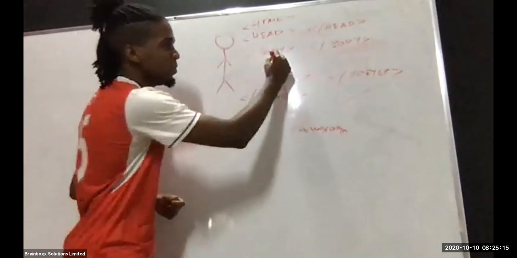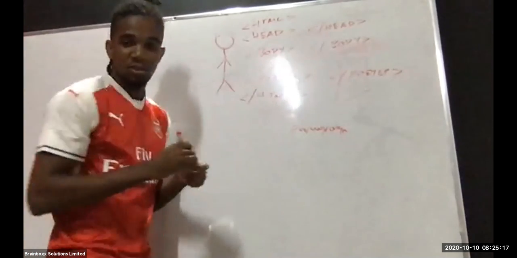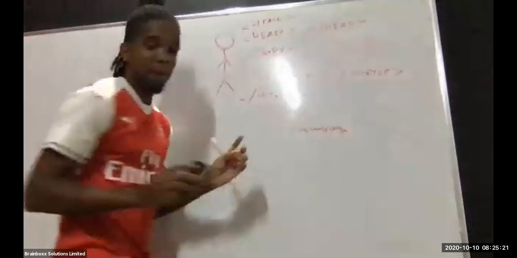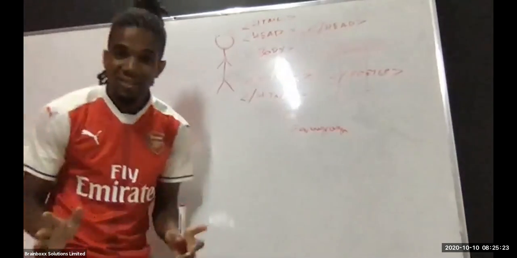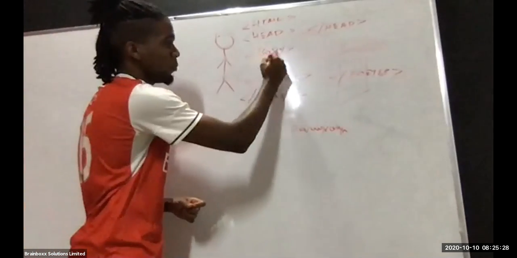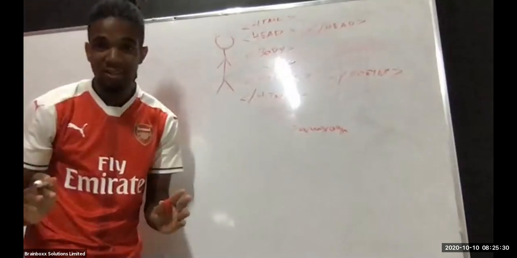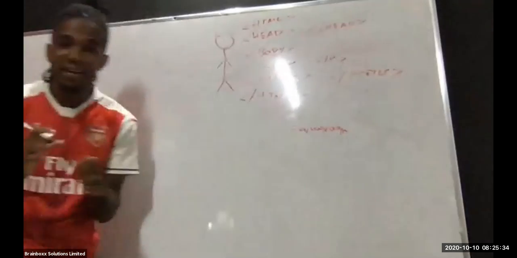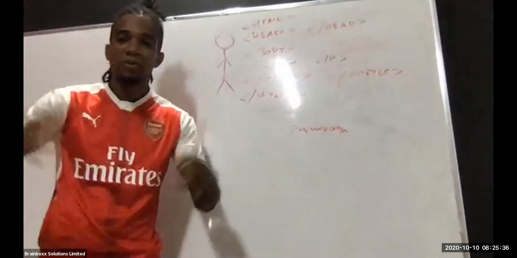So I'm going to write a P inside the body. Let me just remove the close tag because we can't write outside the close, right? It's called a P tag. And to start a P tag, you put a P, open, close, greater than, less than sign, and you close the P. So everything inside that P is represented as a paragraph.